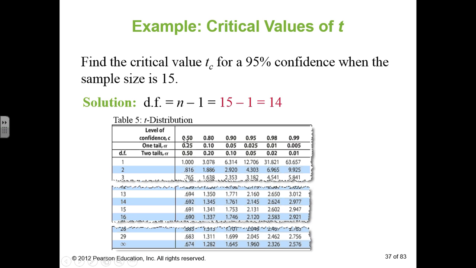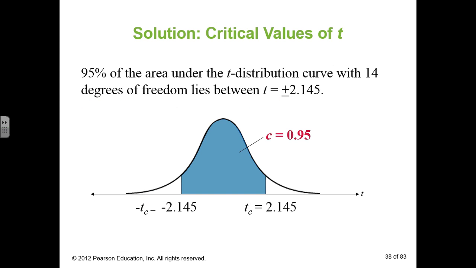The only choices we have for this table are 50%, 80%, 90%, 95%, 98%, and 99% confidence levels. For 95%, that critical value is 2.145. So easy to find, almost easier than with the standard normal table.